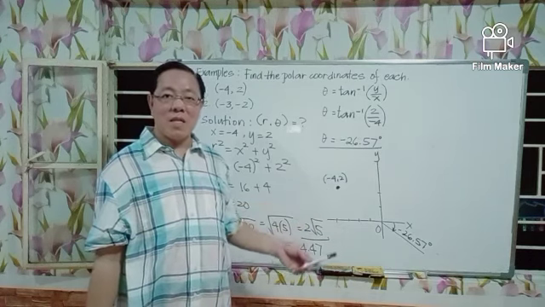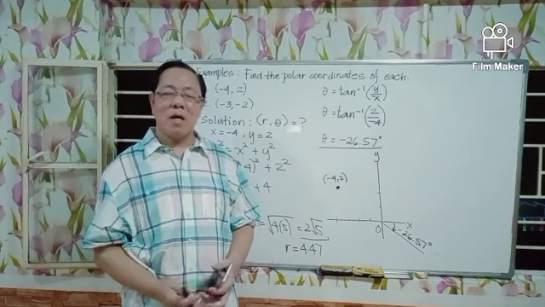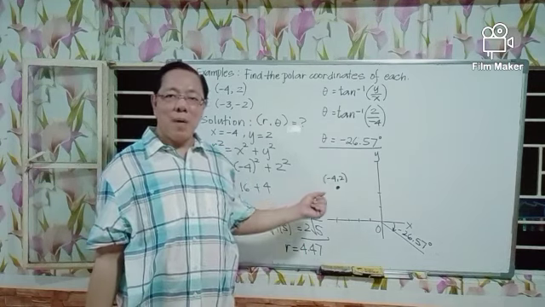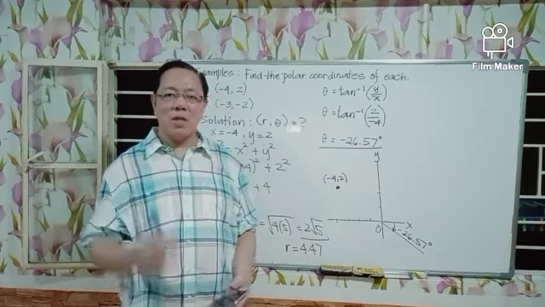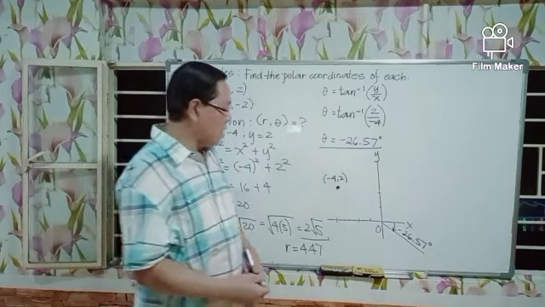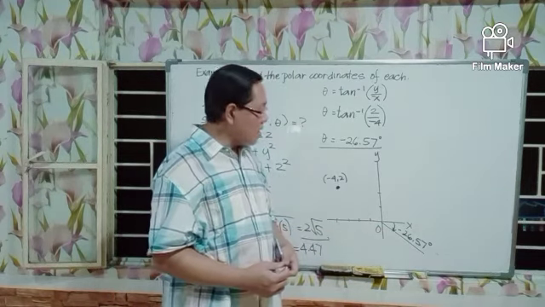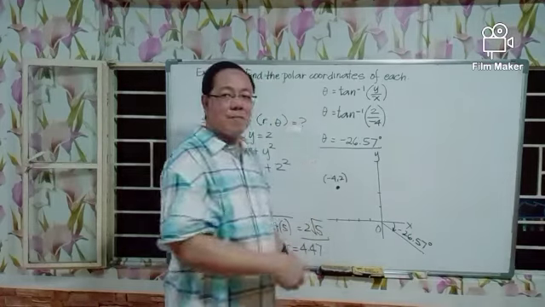But we are plotting the same point only with different coordinates. The given point is in Cartesian coordinates, but we are plotting the same point only with polar coordinates. So how do we get the same point with polar coordinates? You extend this terminal side of the angle negative 26.57 to the opposite side.